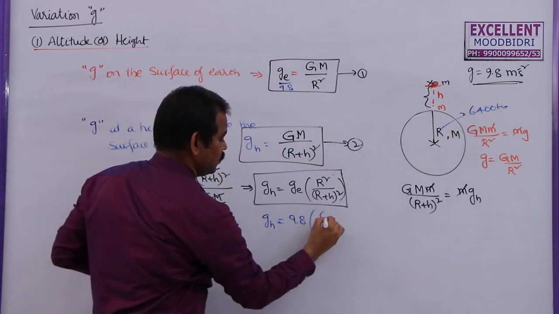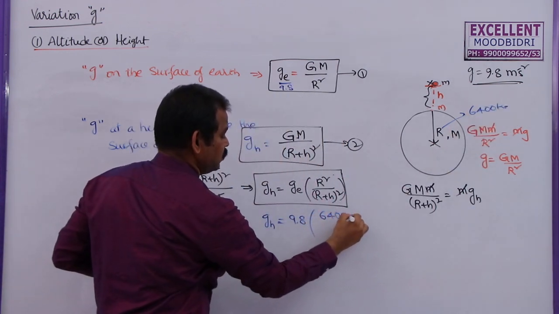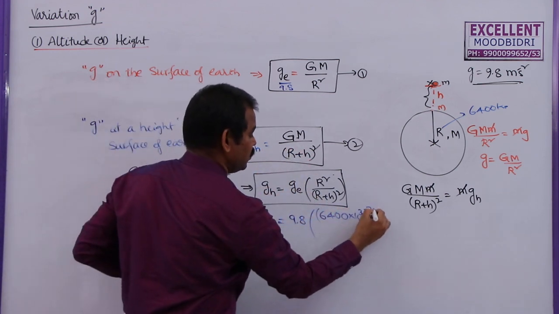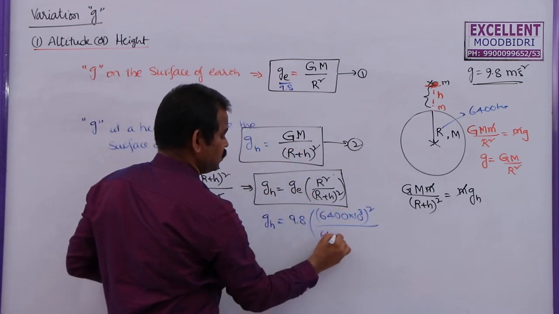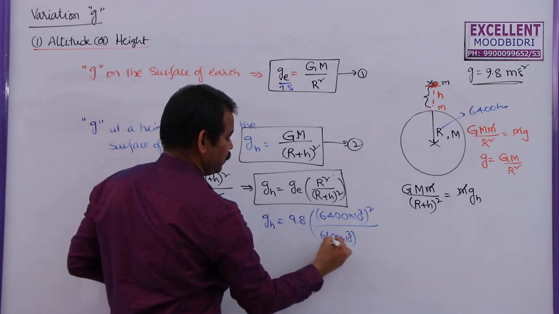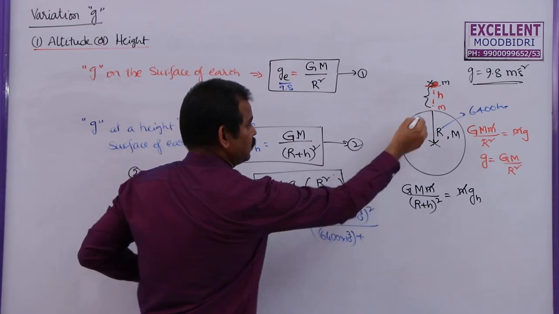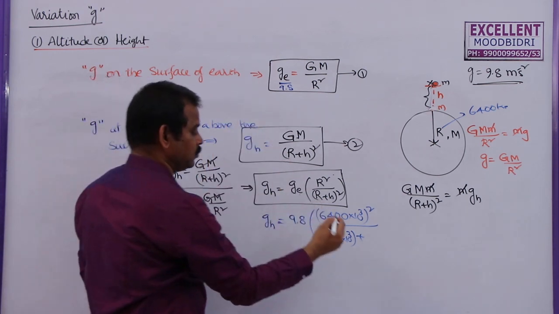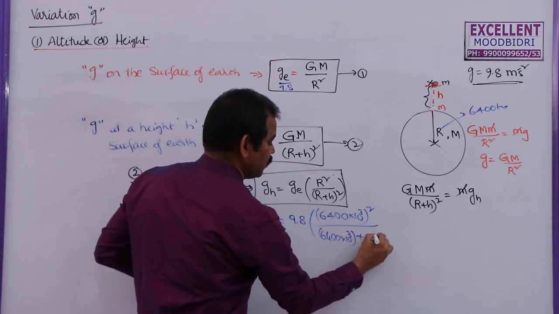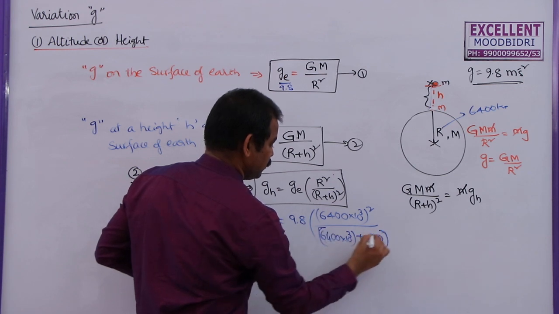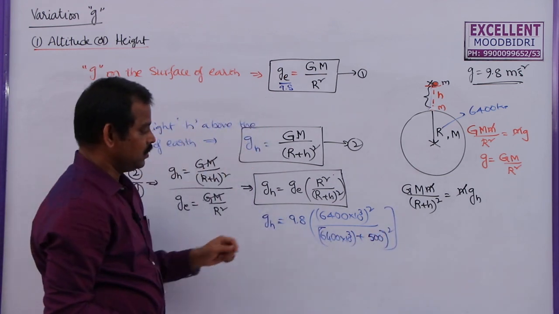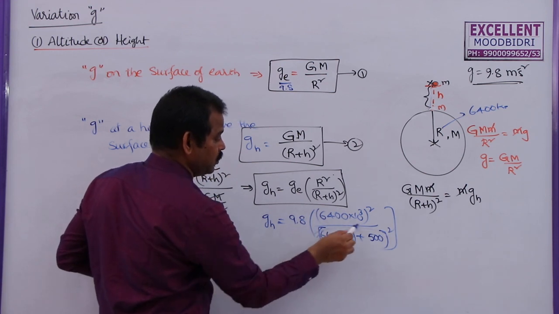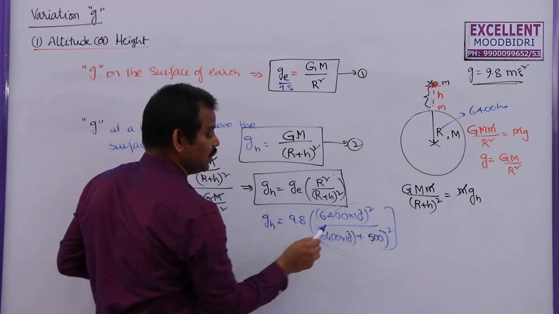So this will be 6400 into 10 power 3, because we converted kilometers to meters, divided by 6400 into 10 power 3 plus some height. This height may be 100 meters, 200 meters, 1000 kilometers, 5000 kilometers. Let me take 500 meters, whole square. You can see the denominator has a bigger value than the numerator, so this value should be less than 1.